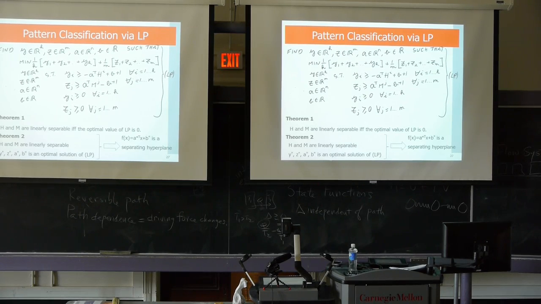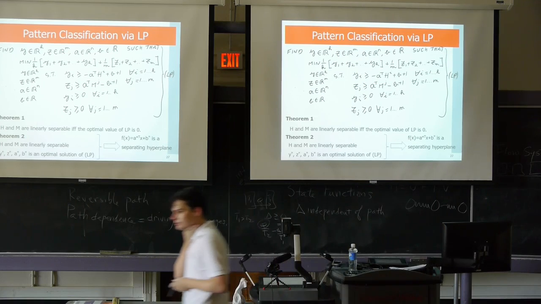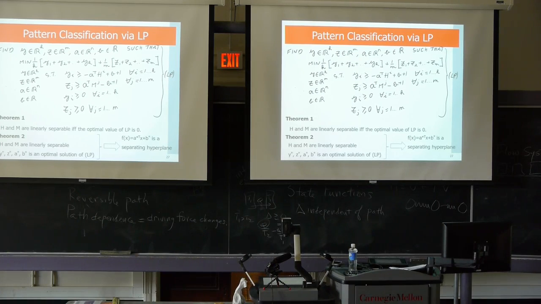And theorem 2: if H and M are linearly separable and y star, z star, A star, B star is an optimal solution of this linear program, then f of x equals A star transpose x plus B star is a separating hyperplane. Yes? Yeah. So first, it's clear that it's a linear program.